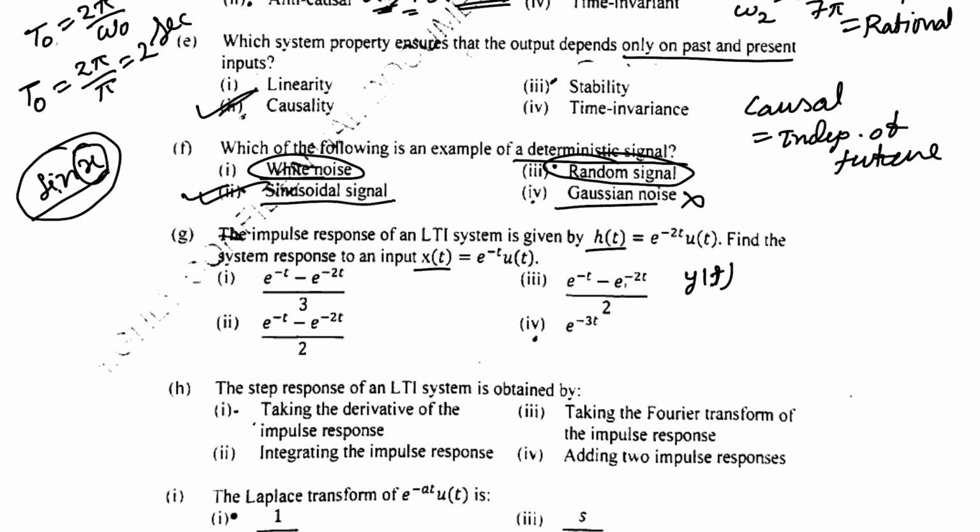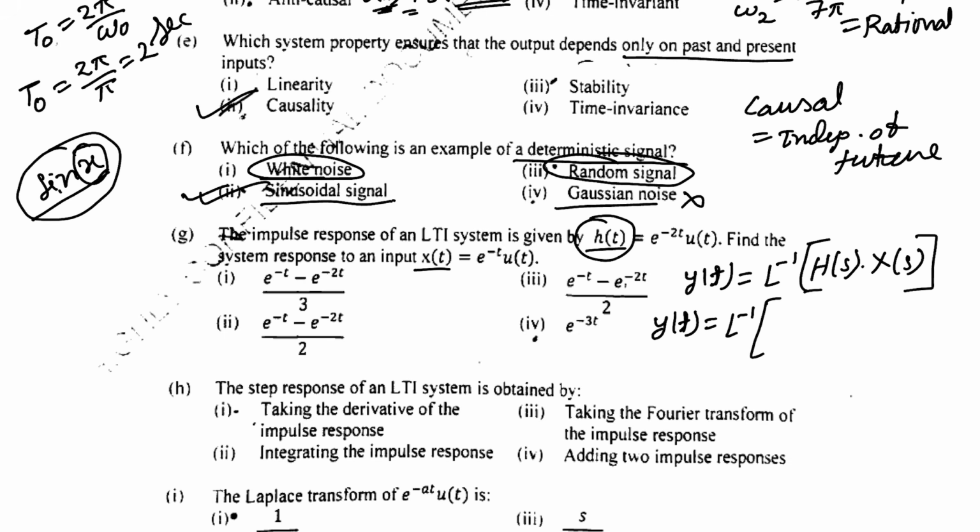So, y of t will be the Laplace inverse of h of s, the transfer function, times x of s, the input. Here, the Laplace of h of t, e to the power minus a t u of t, is 1 by s plus a.